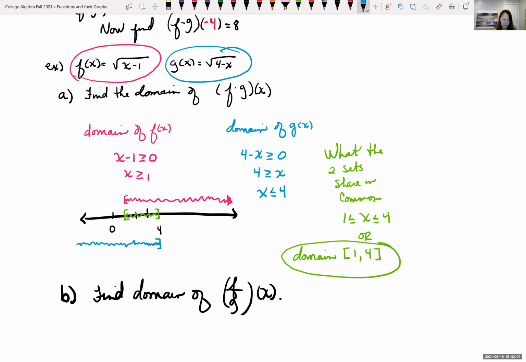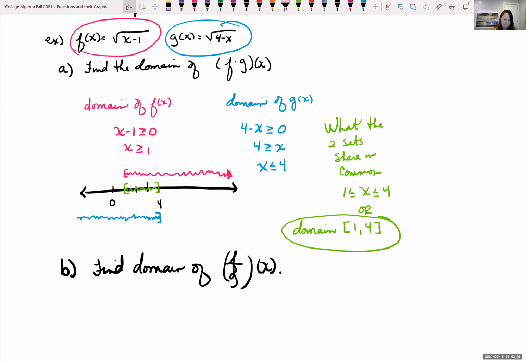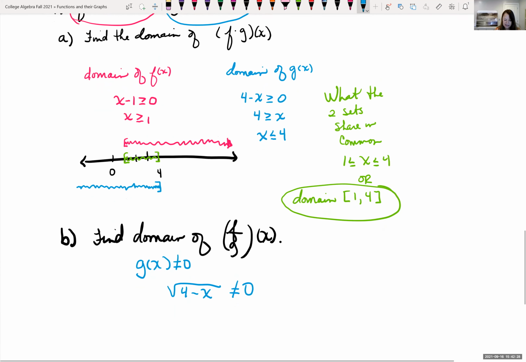So we want to find when is g of x equal to 0. So we know that square root of 4 minus x cannot equal 0. And so if we go through and we solve for that, we can find out what values of x equal 0. And you can probably just look at it and see.